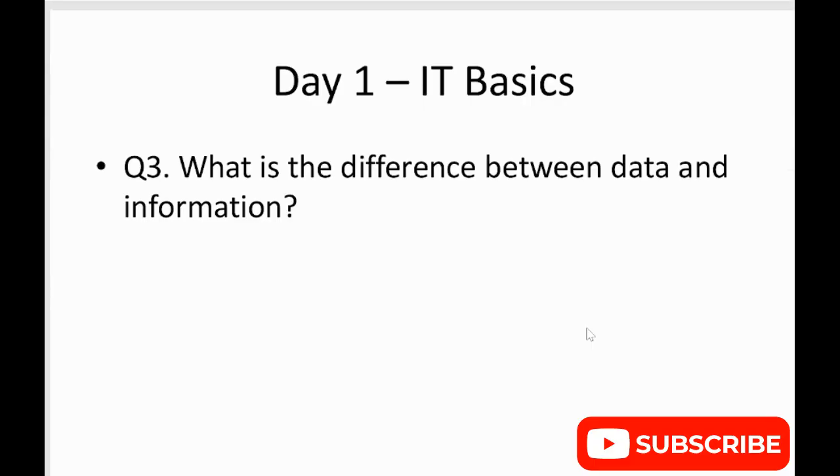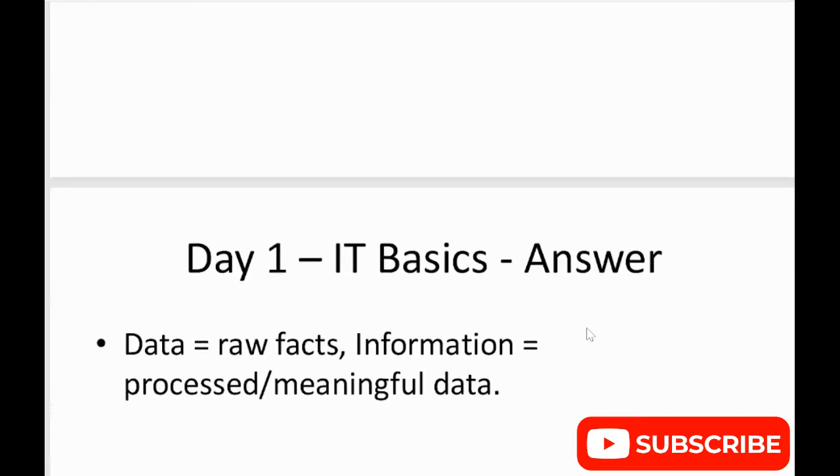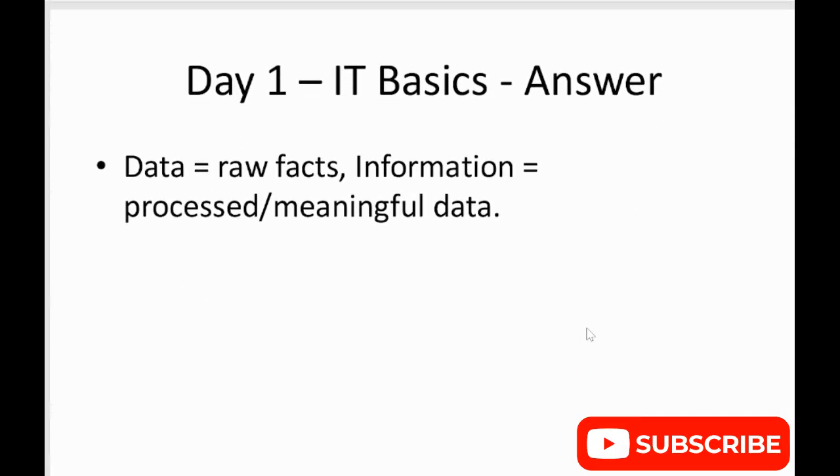What is the difference between data and information? So you can see the answer. Data is the raw facts, okay, and information is the processed or meaningful data. It's simple, just a one liner. You can just remember it.